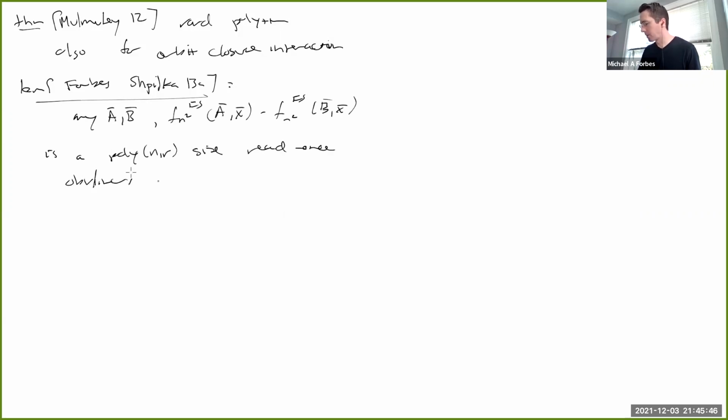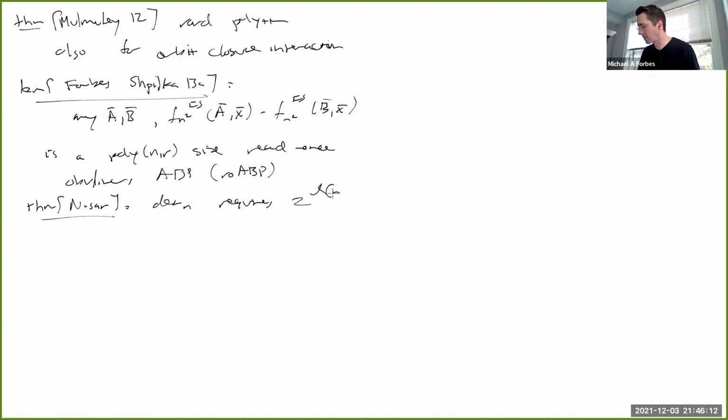oblivious algebraic branching program. Okay, so I'm not defining this model, but I alluded earlier to how read-once models are restricted, and we know how to prove lower bounds in particular. One of the things that is known, for example, due to methods from Nisan, is that the n by n determinant requires 2 to the omega of n size read-once algebraic branching programs.